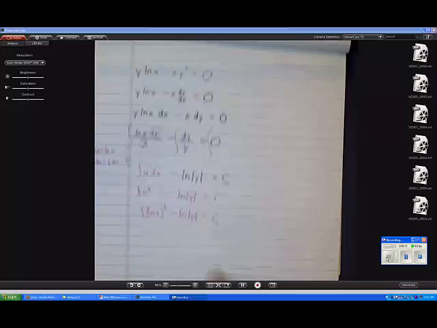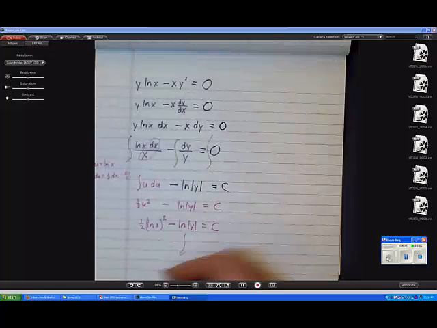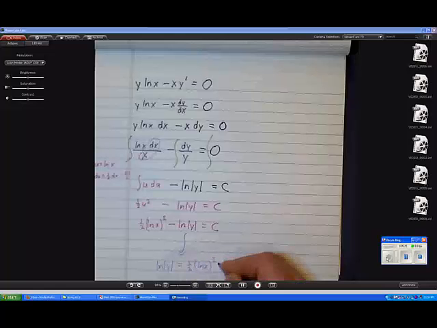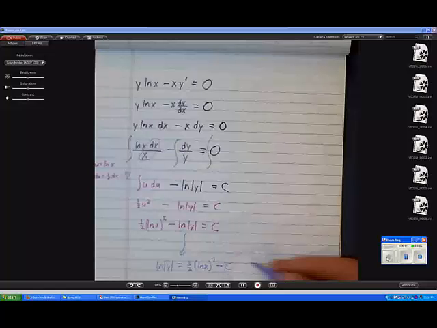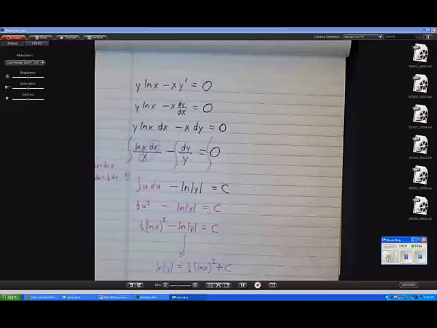I might actually stop here and check the book at this point and see if that were the answer. But let's go ahead and give it a shot like Evan suggested. ln y equals 1/2 ln x squared plus, well, minus c, if you want, plus c. You could make it a plus c. I could call it plus c2.